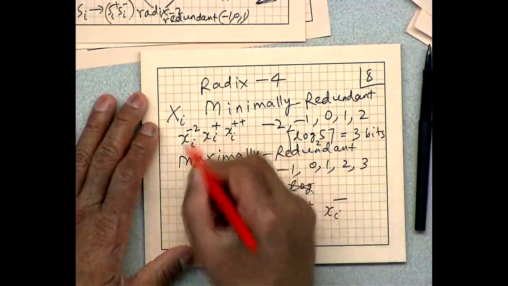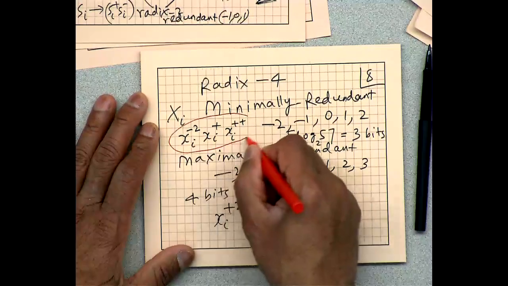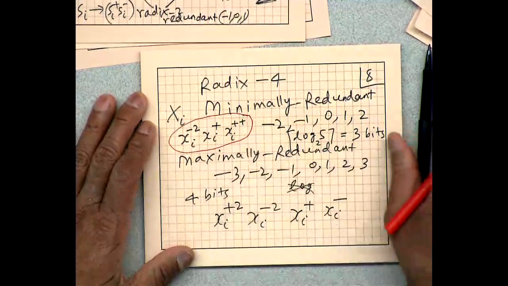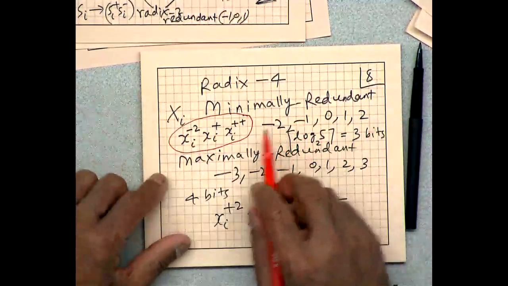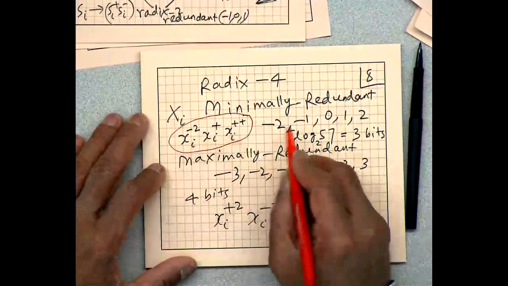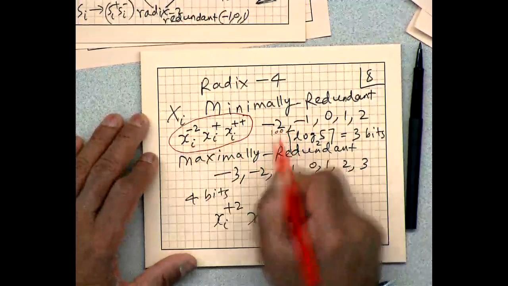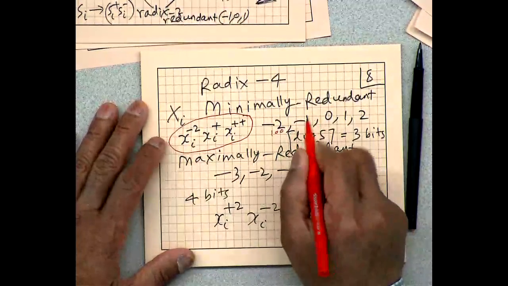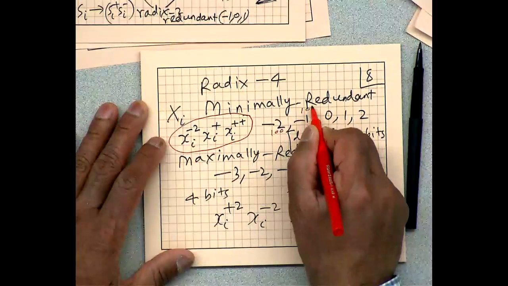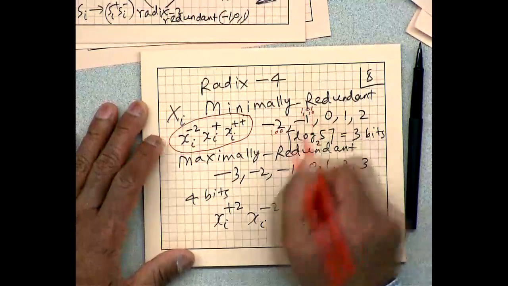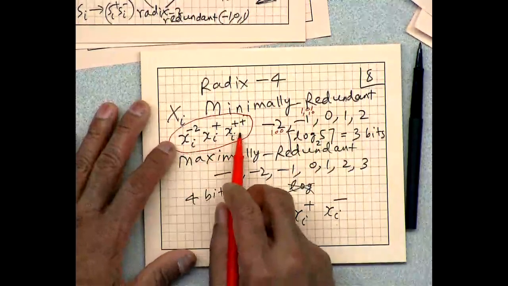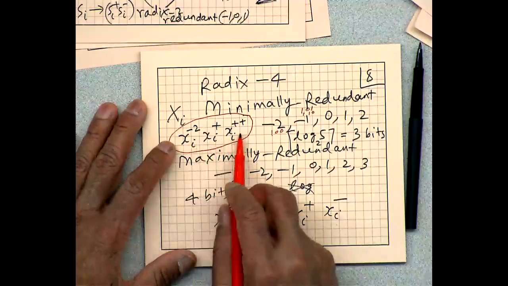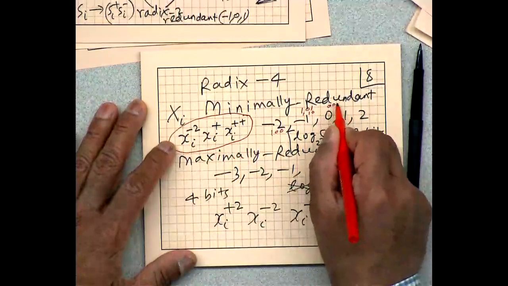In this particular representation, the minimally redundant, how do I represent minus 2? 1, 0, 0. Minus 2 plus 0 plus 0. How do I represent minus 1? So minus 1 can be 1, 0, 1 or 1, 1, 0. Minus 2 plus 0 plus 1 or minus 2 plus 1 plus 0. 0 is 0, 0, 0.